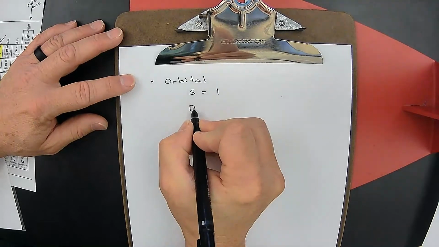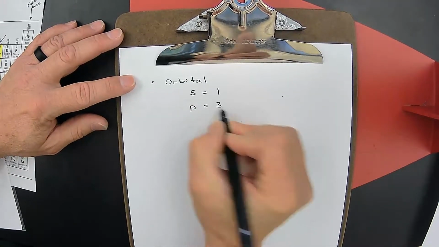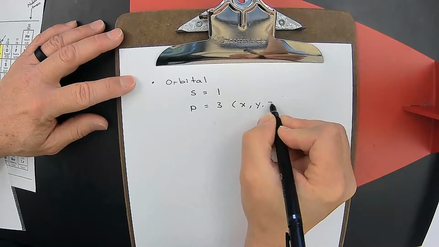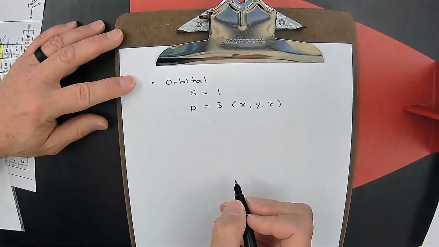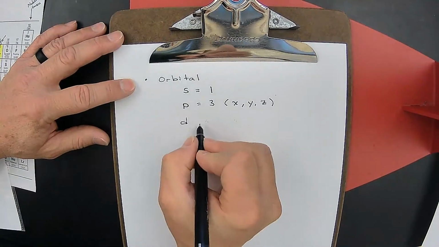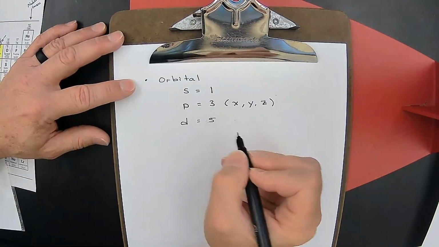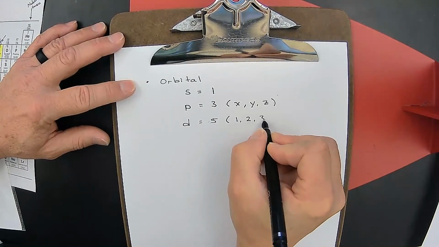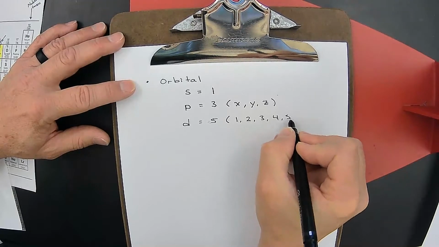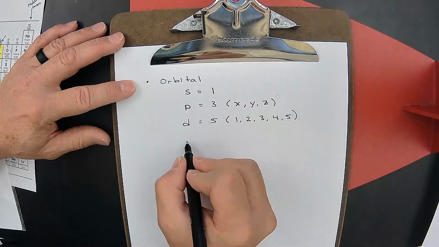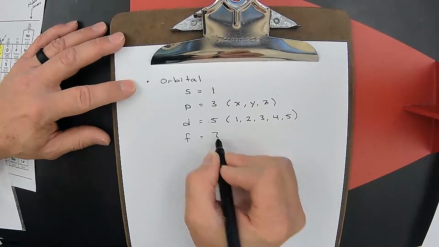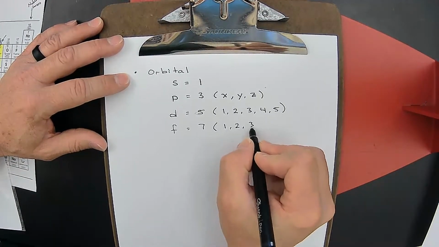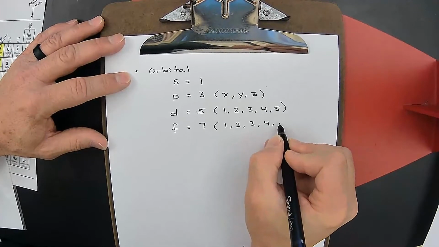The p has 3 orbitals, and we will label them as either the x, the y, or the z. The d has 5 orbitals. We will label those as 1, 2, 3, 4, 5. And then the f has 7 orbitals, and we will label those as 1 through 7.